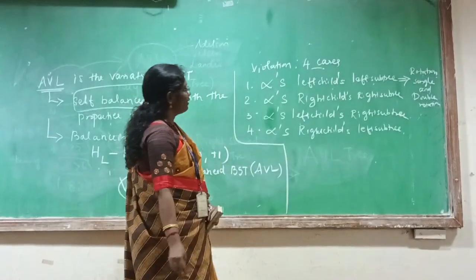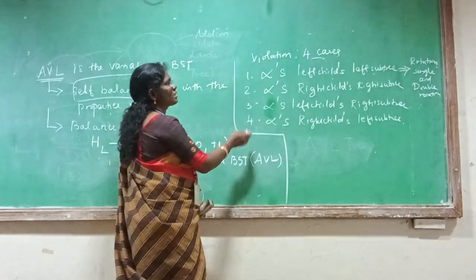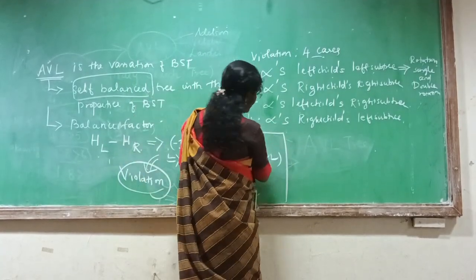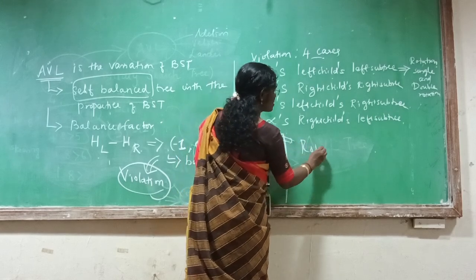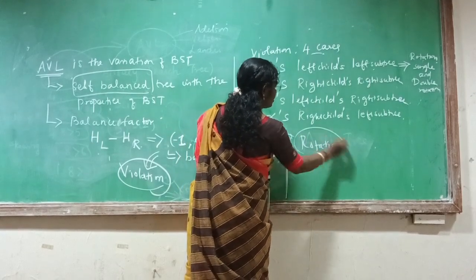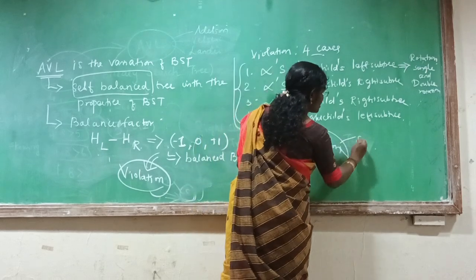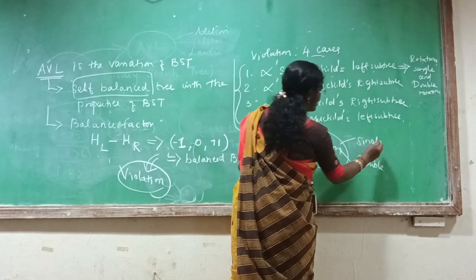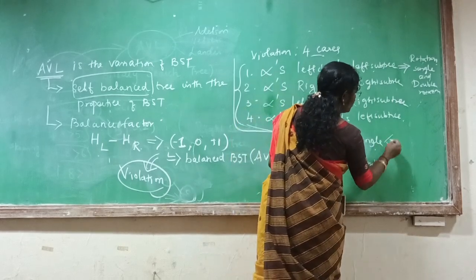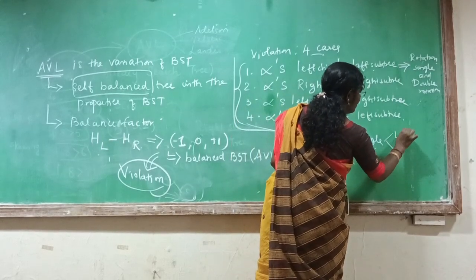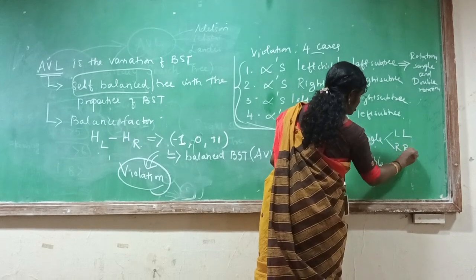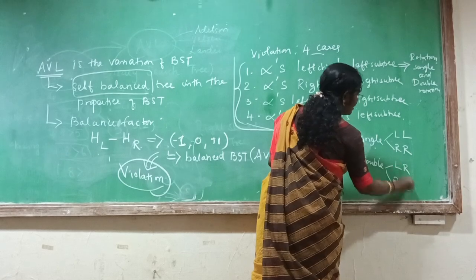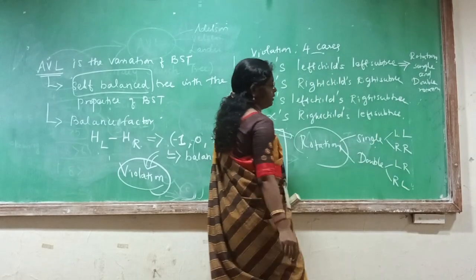Whenever we encounter either one of these problems, the remedy is nothing but rotation. Rotation is the remedy. There are 2 categories of rotation, single and double. If it is a single rotation, we will be doing 2 options, either LL rotation or RR rotation. If it is double, we will be doing LR or RL. L stands for left, R stands for right.